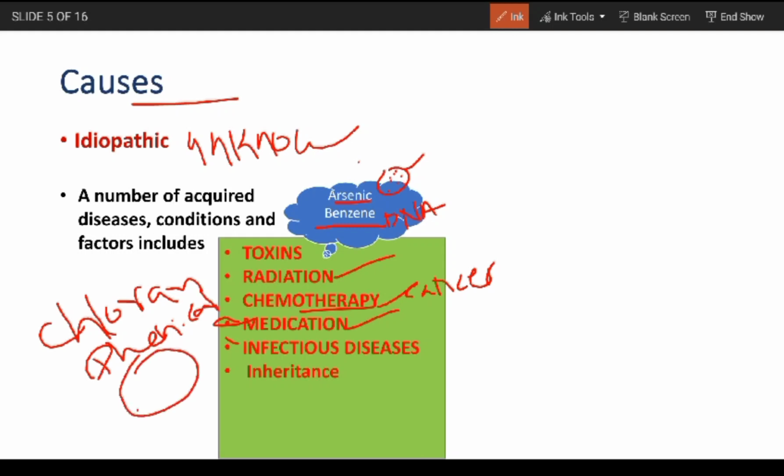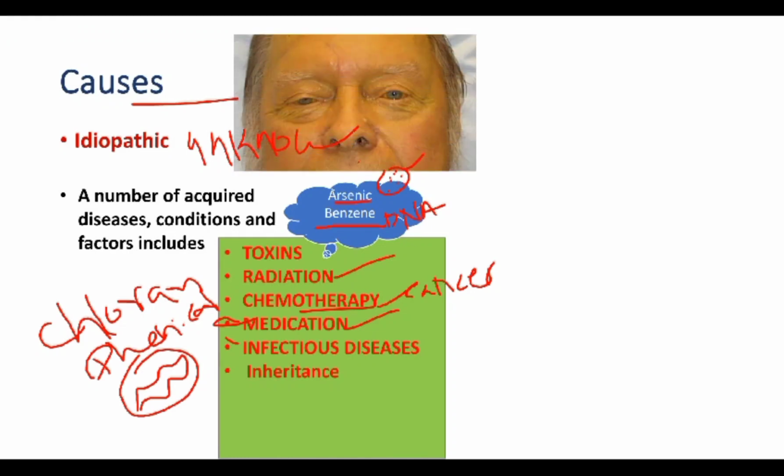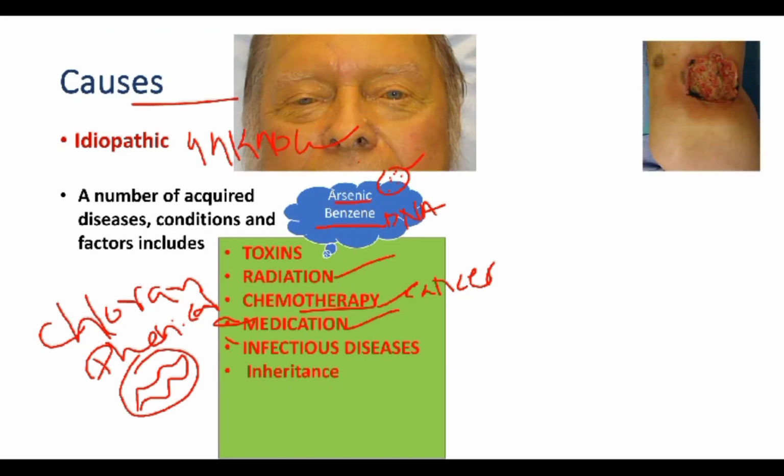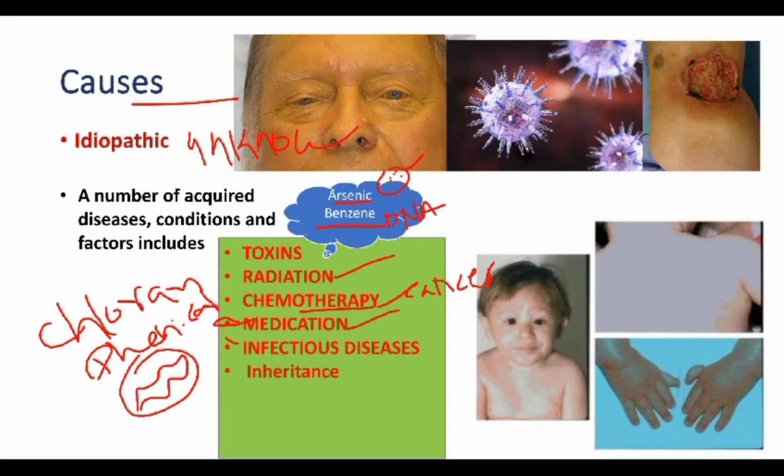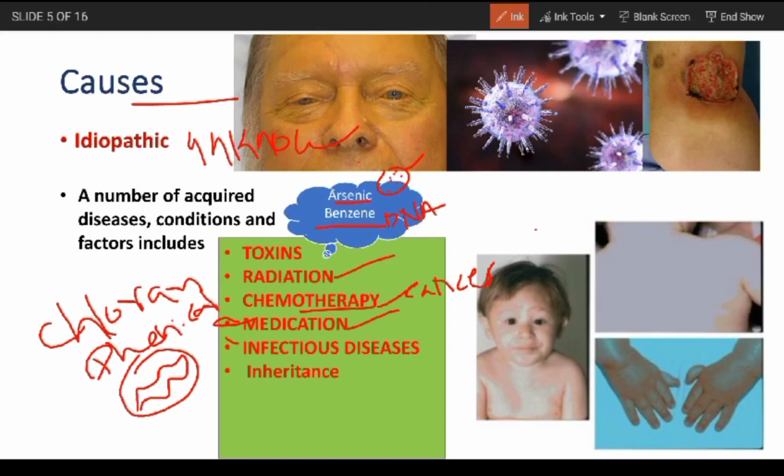It leads to hypocellularity. Okay. Infectious diseases such as hepatitis, Epstein-Barr virus, cytomegalovirus. Inherited conditions such as Fanconi anemia, a failure of bone marrow stem cells, known as Fanconi anemia.